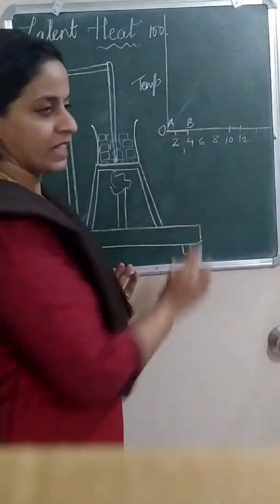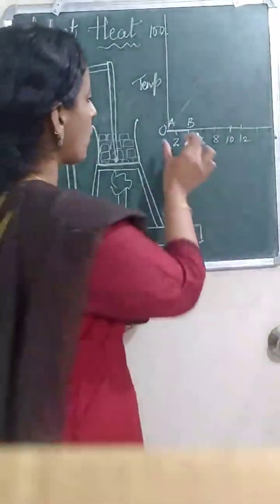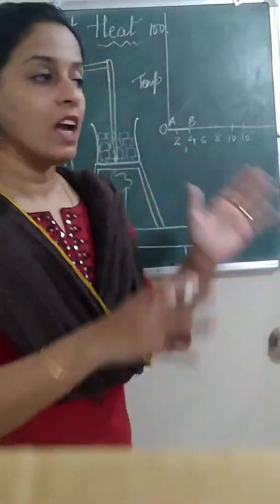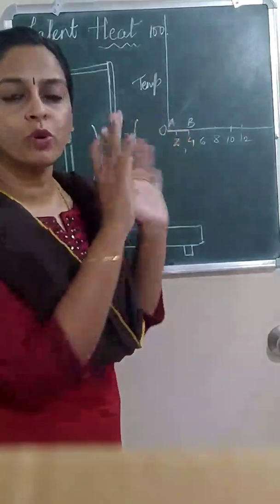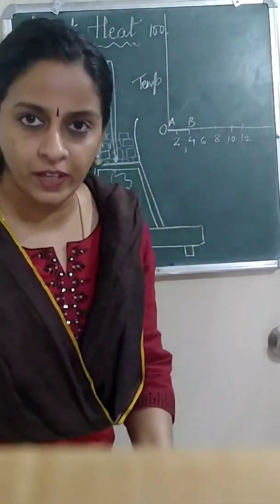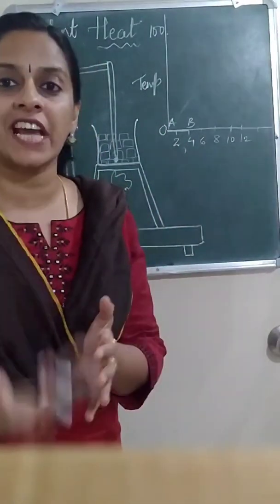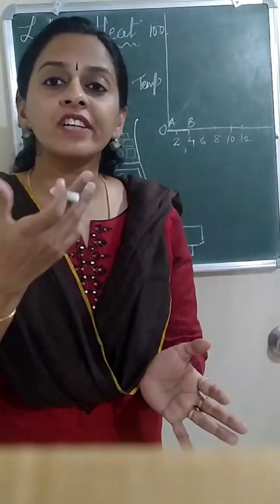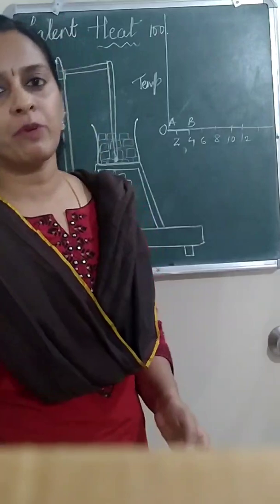In this time period, when you are on AB, the whole ice cubes get converted into water. So there is a change of state. Ice is in solid state. It is getting converted into water, which is in liquid state.